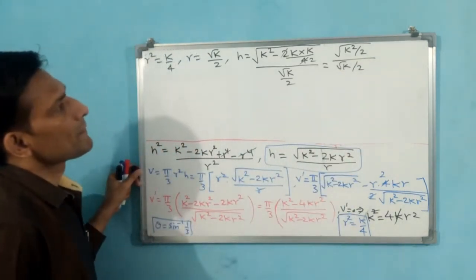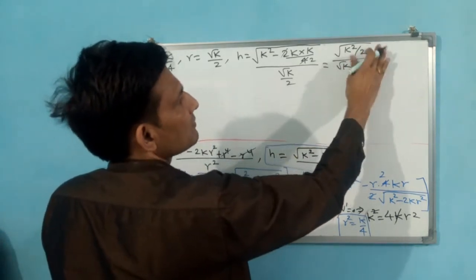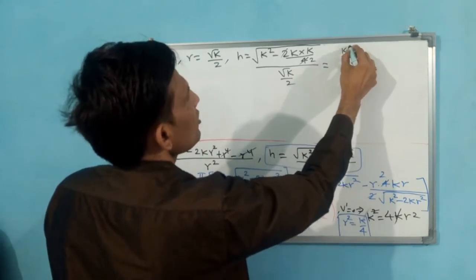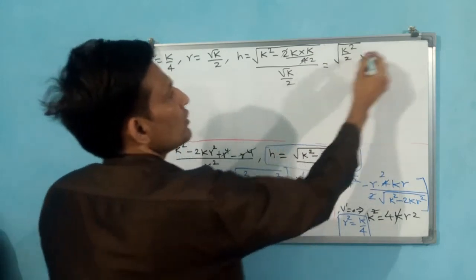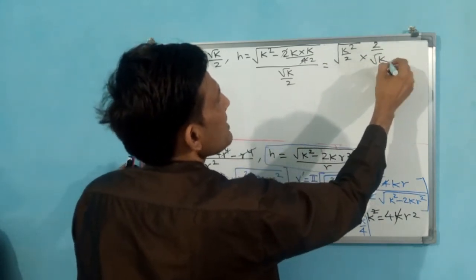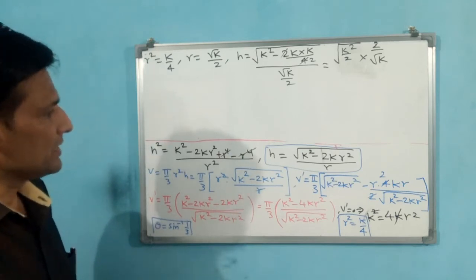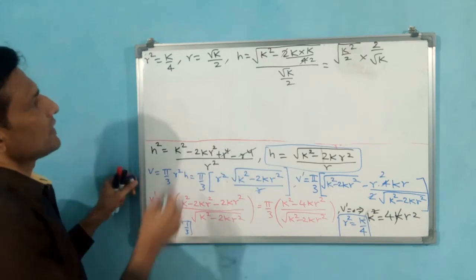But see here, k square by 2 has a complete root. You will get confused, so I am writing it like this: the complete root of k square by 2, into 2 by root k. Then only you can understand it easily. Proceed further. H we are finding.